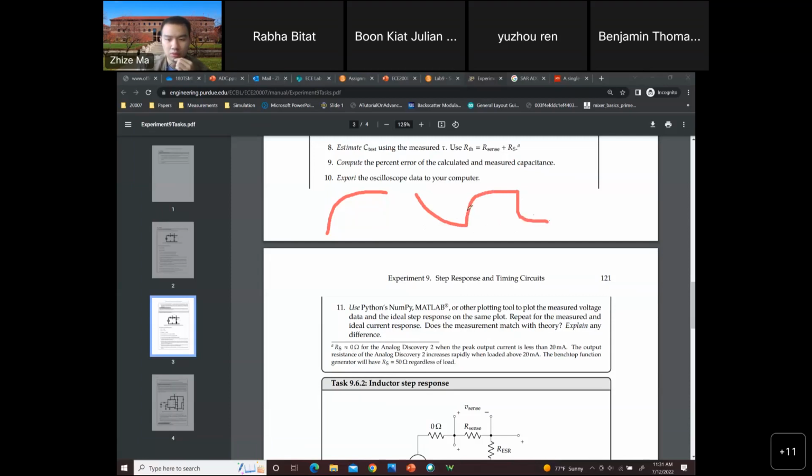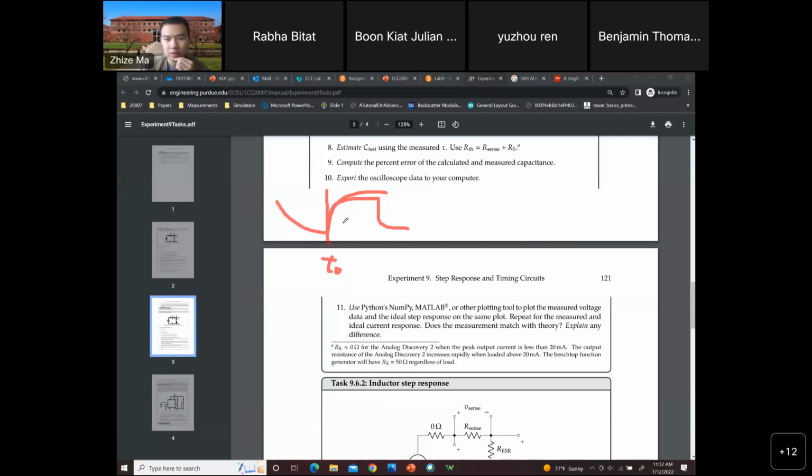So you need to make sure you align them together, so they start charging at the same time. That's your T0. That's how you compare the ideal plot and the measured plot.